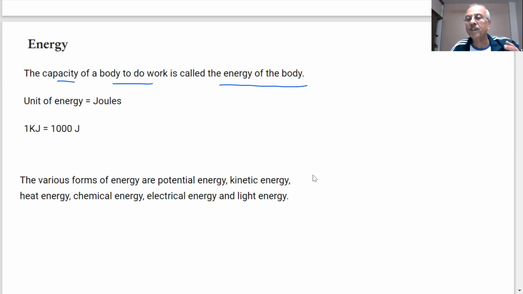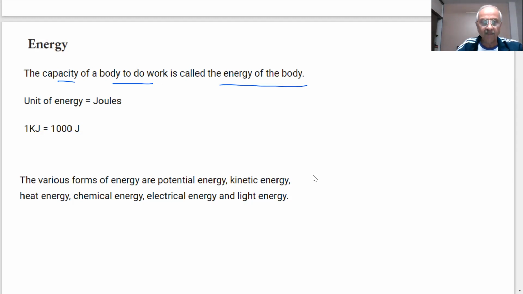I have the capacity to do work. I may use it or I may not use it. When I use the energy, I will do work. If I have to push a box, students, I have to have energy to do the work. And when work is done, there will be change in energy.